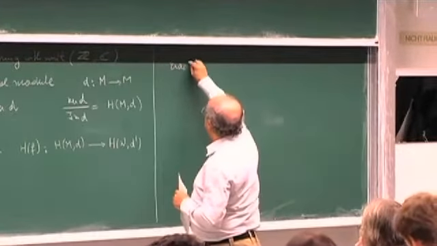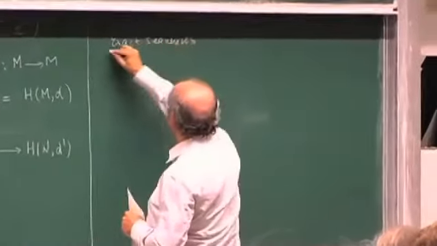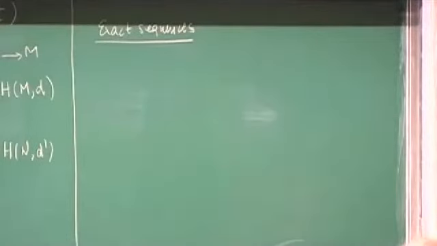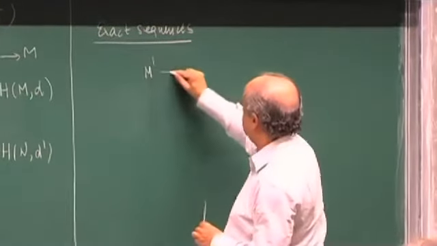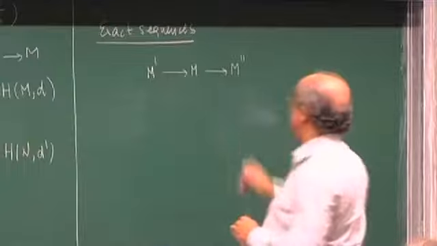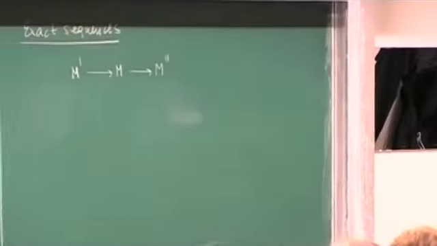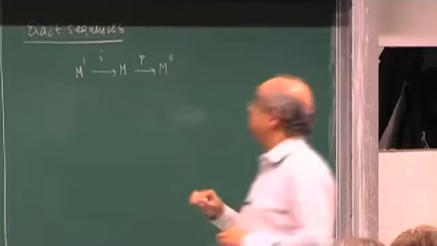And we shall also need the notion of an exact sequence of R modules. So suppose we have two maps between, so M prime, M double prime are R modules, and we have maps in this way.